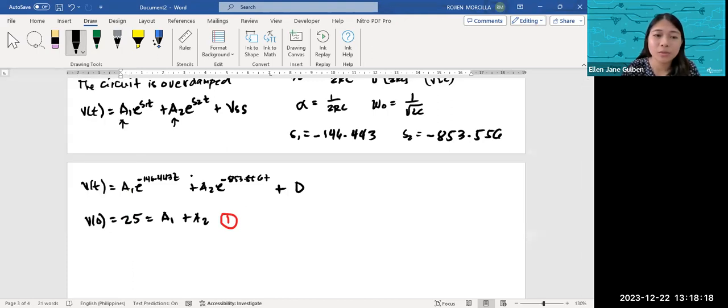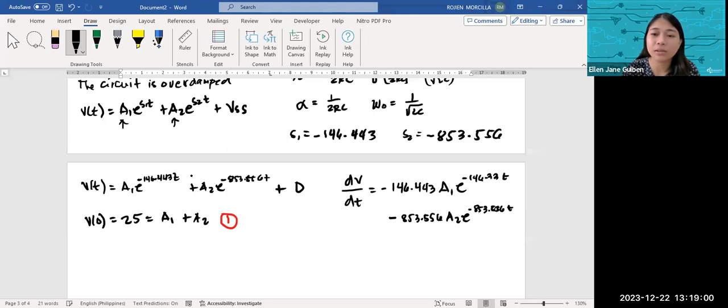We will need to derive dV over dt, which is equal to negative 146.443 A1 e to the negative 146.443 t minus 853.556 A2 e to the negative 853.556 t. Now we have this derivative.